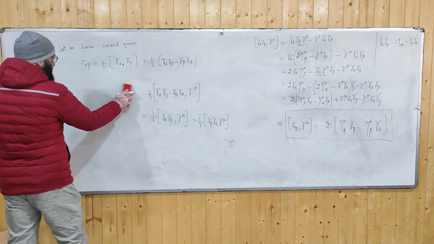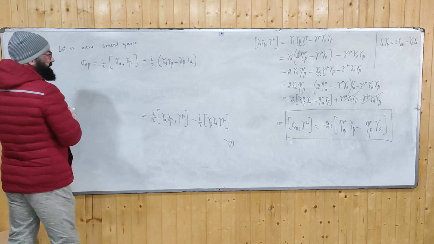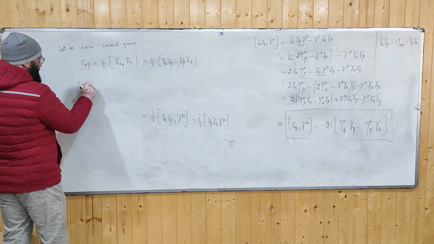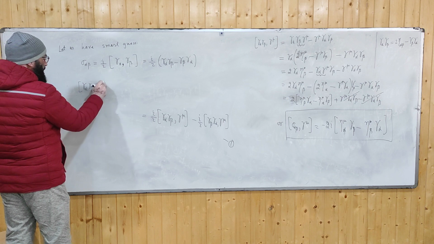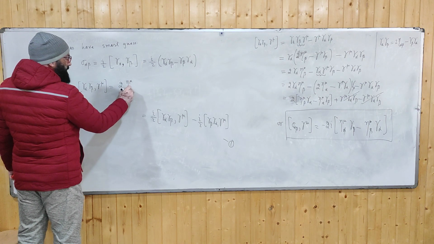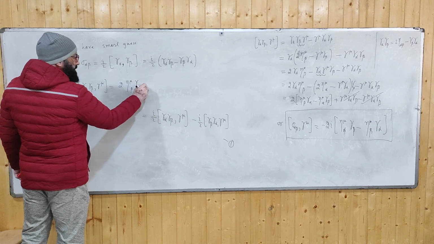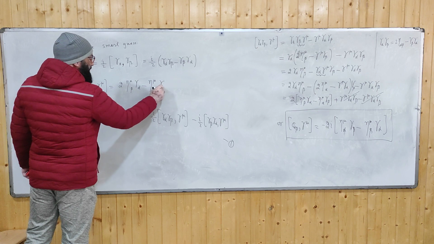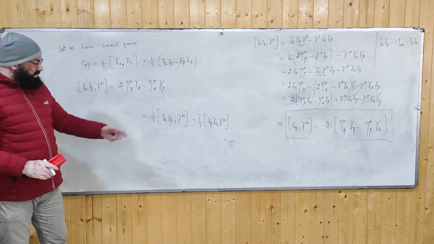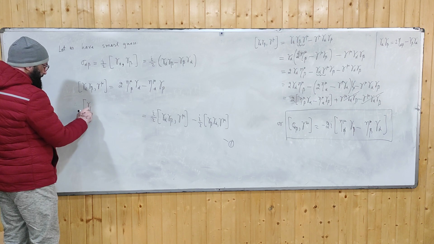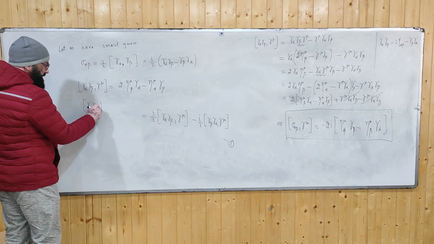So what did you get from the very first term? From the very first term, this gamma alpha gamma beta gamma mu is equal to twice eta mu beta gamma alpha minus eta mu alpha gamma beta. Clear? Now let's look at the second commutator, gamma beta gamma alpha gamma mu.